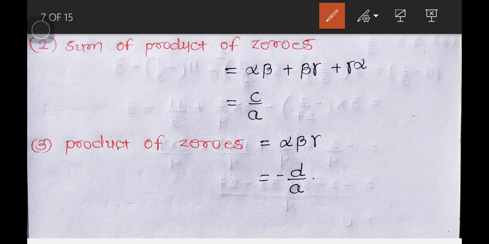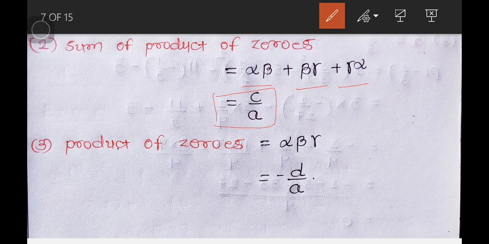So sum of product of zeros we can take as alpha beta, beta gamma, and gamma alpha, and we do addition of them. So we get c by a. Here we know that c is a coefficient of x and a is a coefficient of x cube.